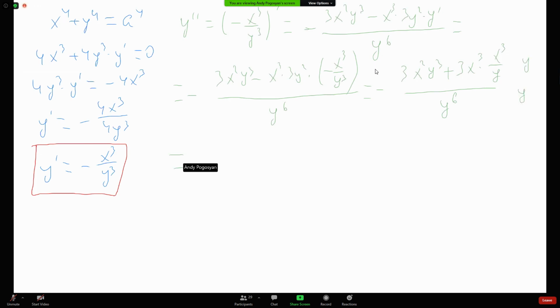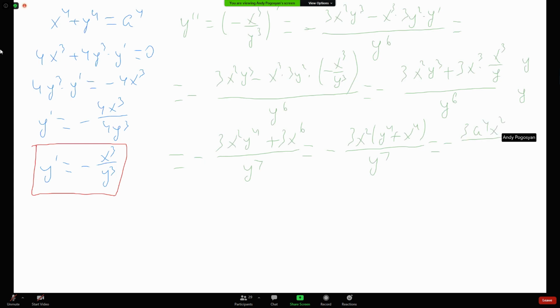So you have negative 3x squared y to the 4 plus 3x to the 6 over y to the 7. Now factor out 3x squared, so you get y to the 4 plus x to the 4 over y to the 7. But x to the 4 plus y to the 4 is a to the 4, so it's negative 3 a to the 4 x squared over y to the 7.